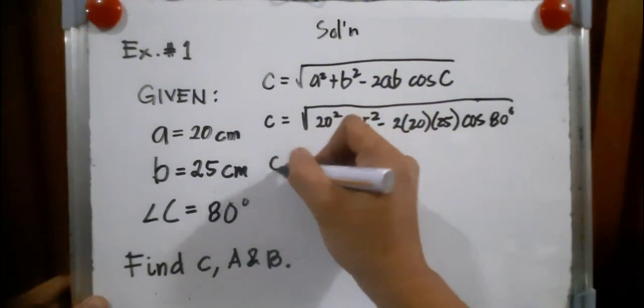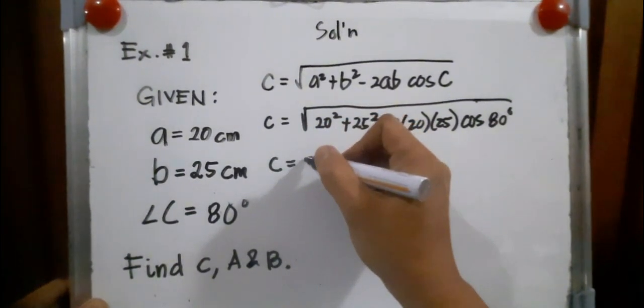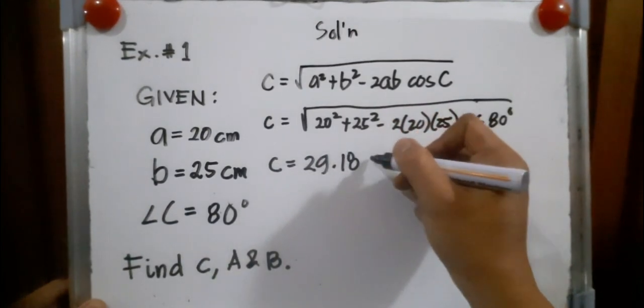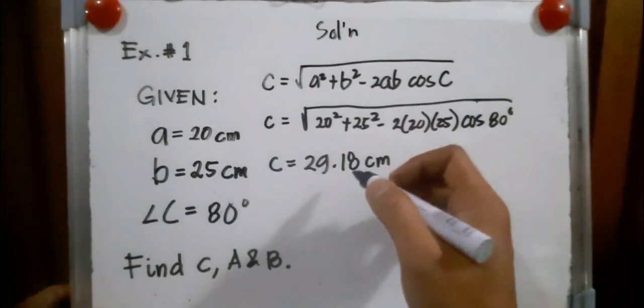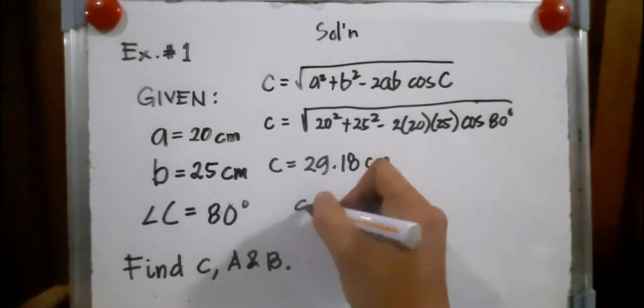Okay, so substituting this, we have c equal to 29.18 centimeters.